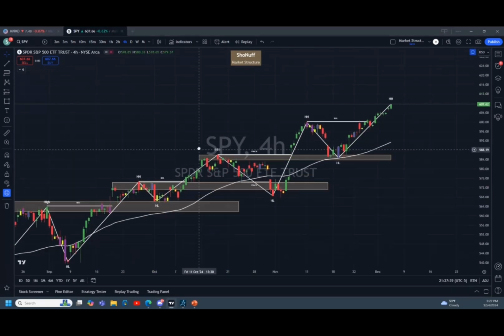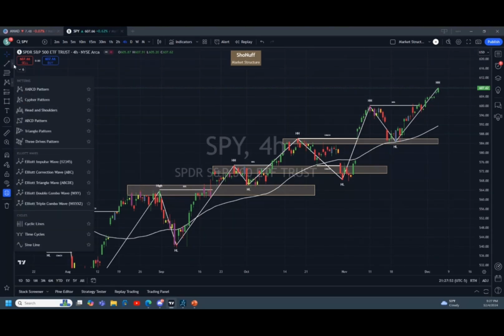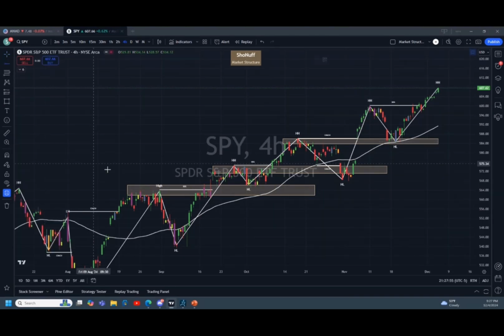All right. So if you see though, somebody's asking about support and resistance. You had it here, you had it in this area, you had it here. That was your support and resistance right there, just simple on higher time frames.